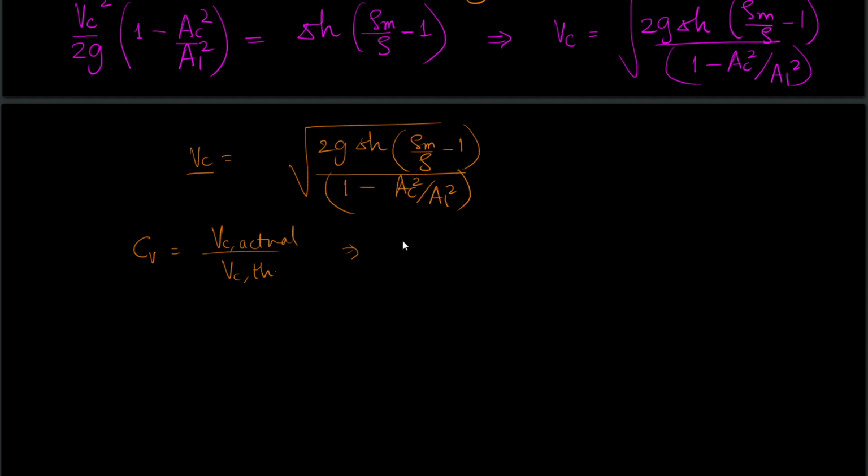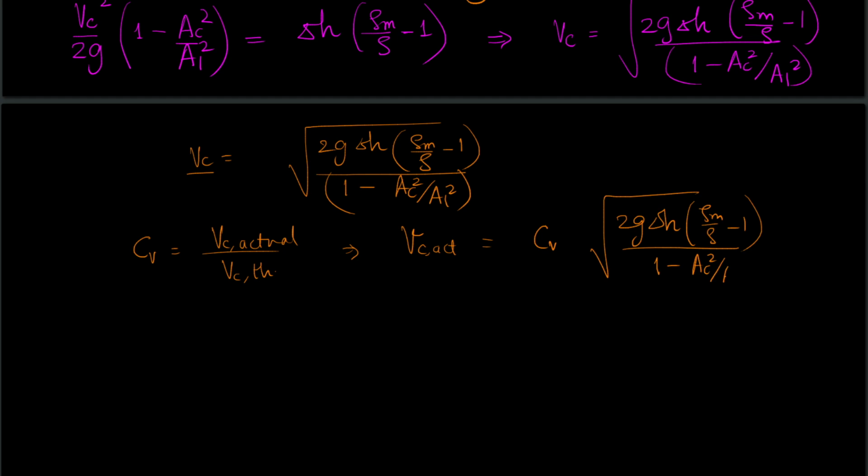This means that the actual velocity will be equal to CV times the square root of 2g delta H (rho m upon rho minus 1) upon (1 minus AC square upon A1 square).